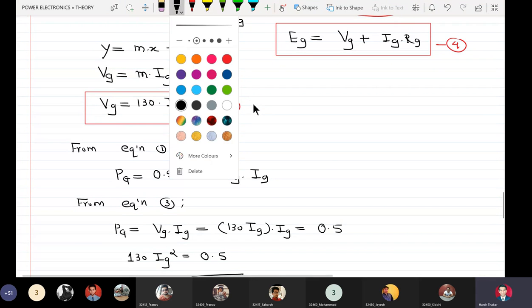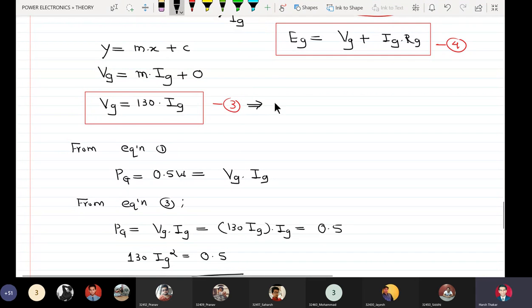So from here my Vg is equal to 130 into 62 milliamperes.